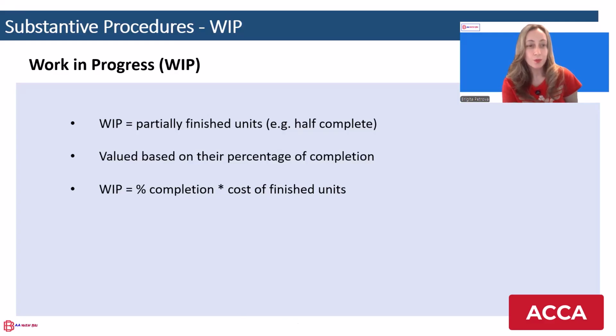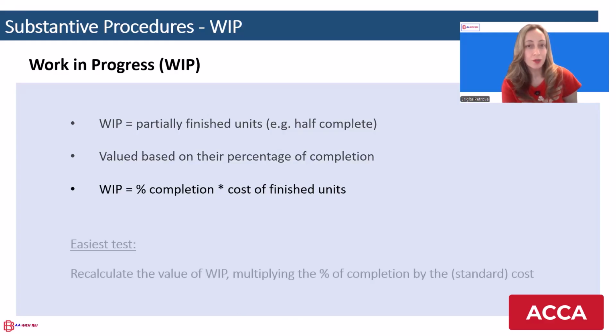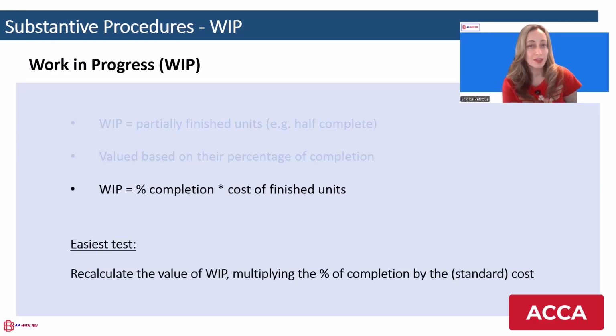And based on what we just said about how WIP is valued, the first and easiest test we can do is to just do that calculation to confirm that the company got it right. So we can take the percentage of completion and multiply it by the cost to see if we get the same valuation as the company did.